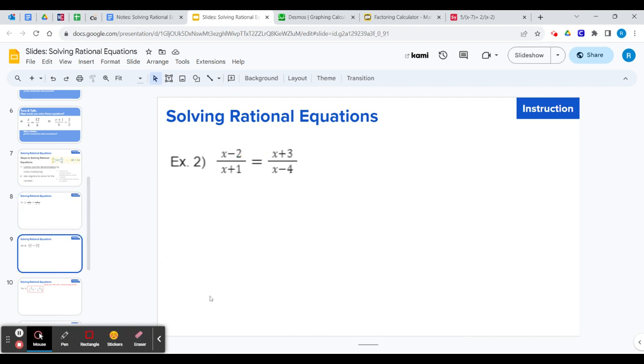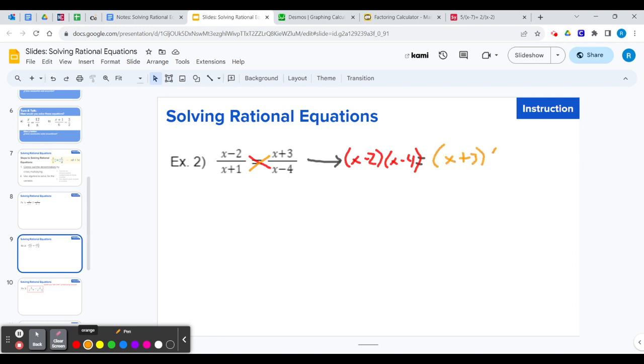So let's try this now in example 2. A little more complicated of a problem because we have binomials in all of our numerators and denominators, but we can still follow that same process. We're going to set up our cross multiplication first before we do anything else. That first one, we're going to have (x minus 2) times (x minus 4) equals that second cross multiply, so we get (x plus 3) times (x plus 1).